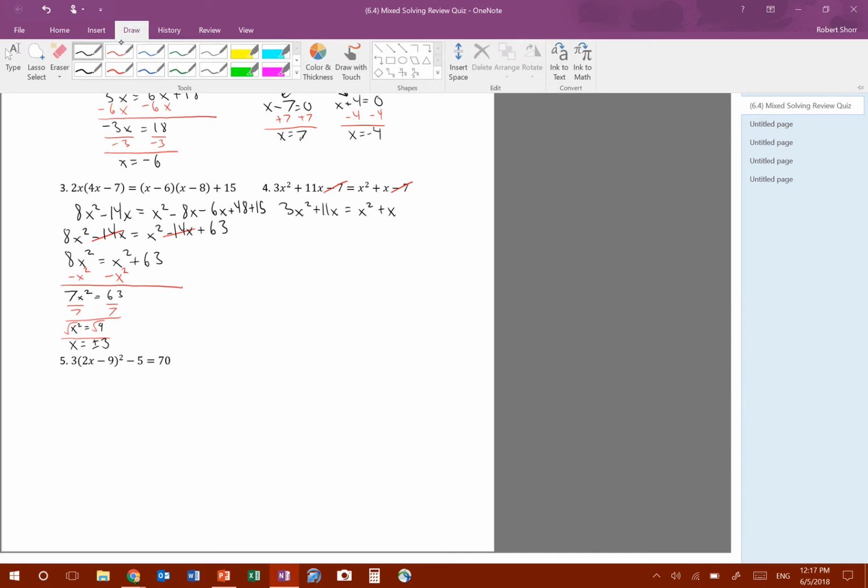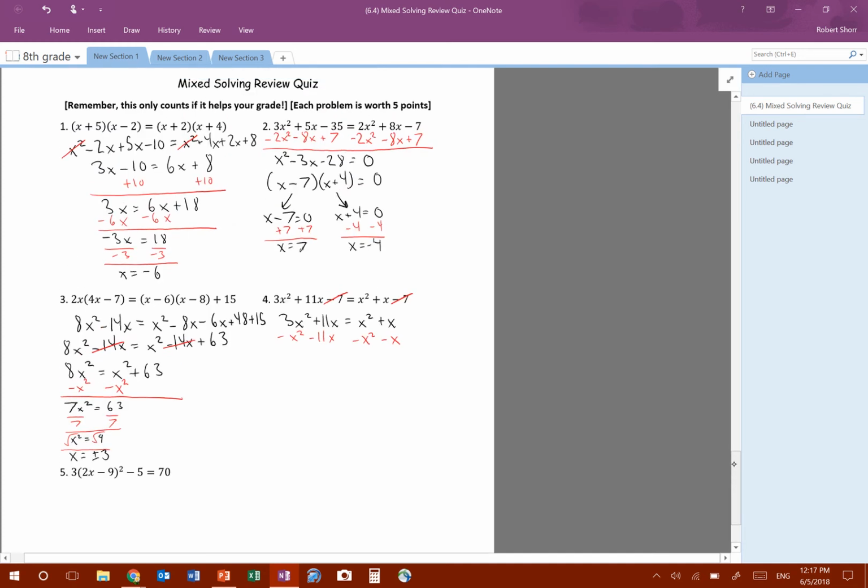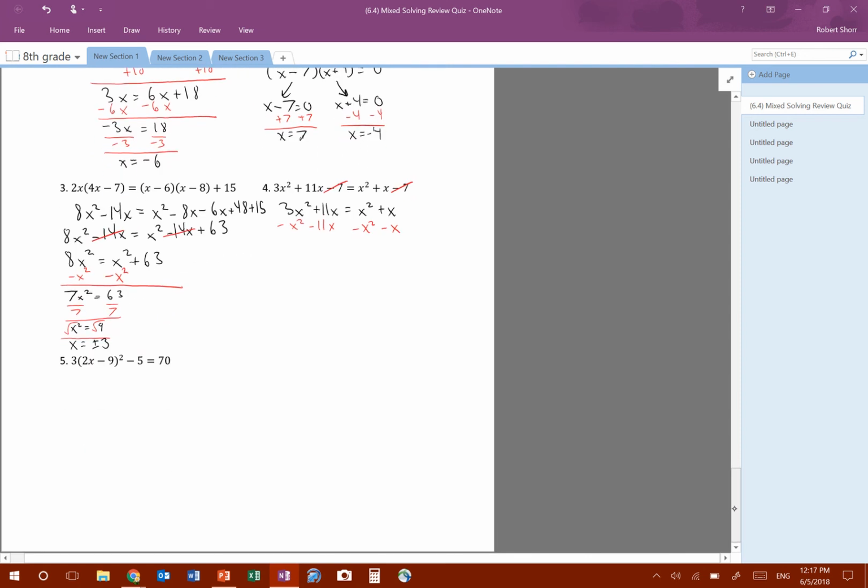So I'm going to move everything to the left so I can do ZPP. That is different than how I did number 3. Because in number 3, my x's went away, so that changed and made me not want to use ZPP. But here, since only my numbers went away, I still need to use ZPP.